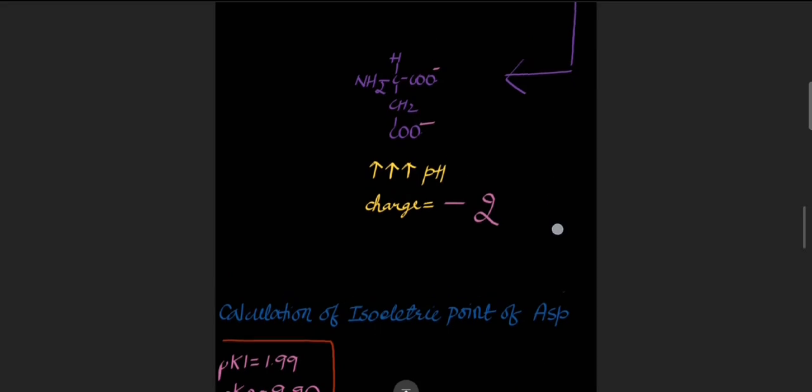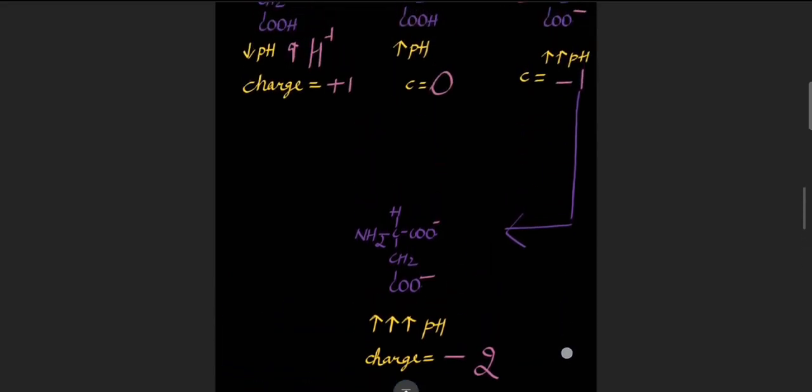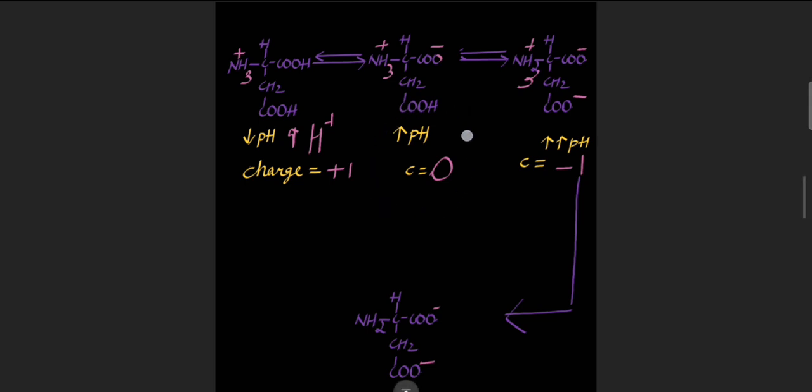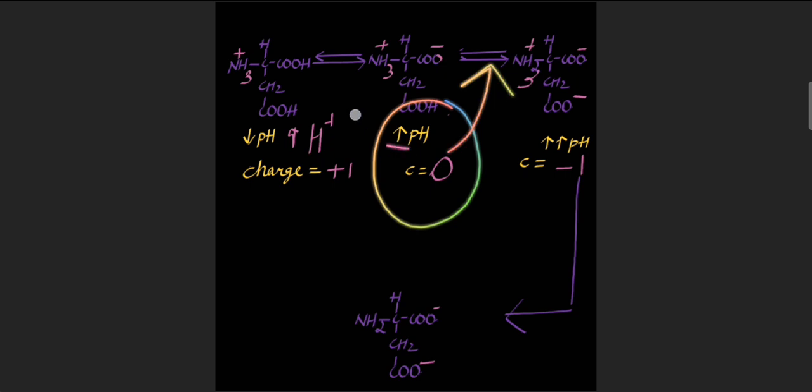Okay, so what are the two values that we're going to take? We must be wondering what two values of aspartic acid we will be considering in the isoelectric point. This is the isoelectric point, right? And we have to take this value and this value.